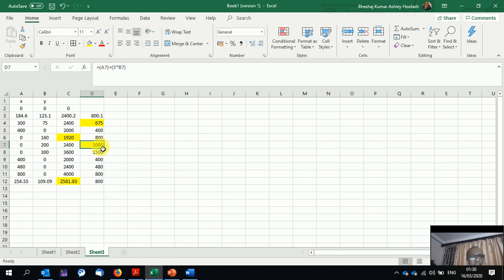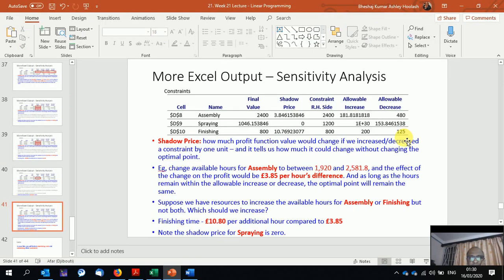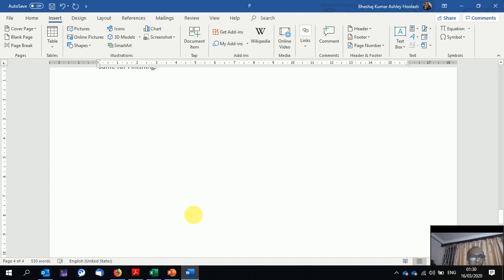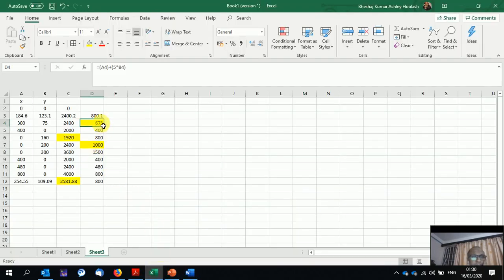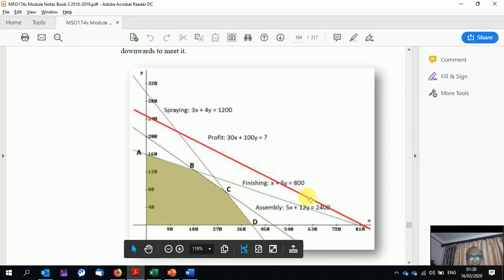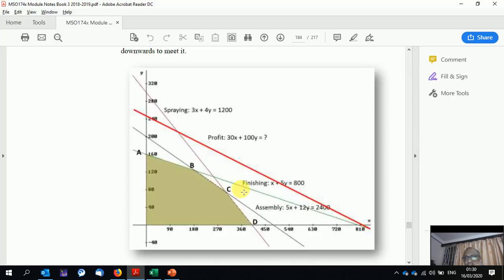I could have gone to 1000, hence an increase of 200, and a decrease of 125, which we got from here. So 800 minus this is 125. So that's basically the mathematical explanation behind sensitivity analysis.